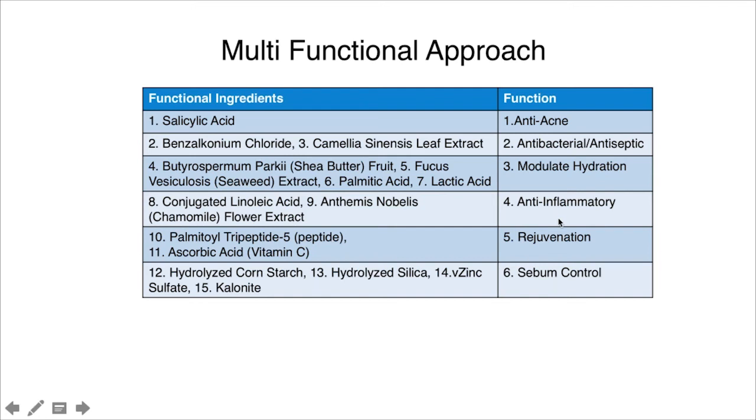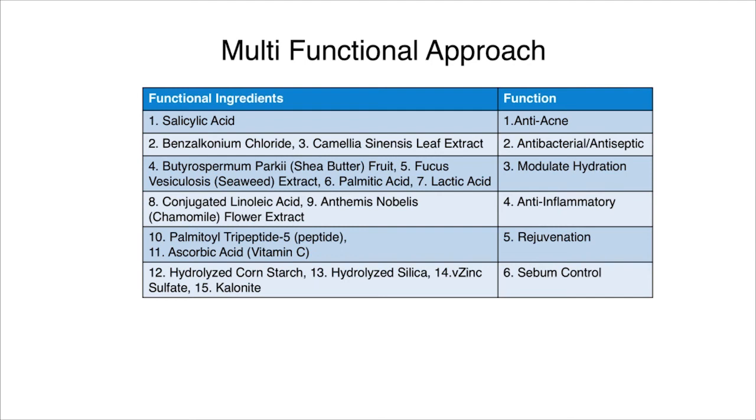For skin rejuvenation, we are using 2 ingredients. One of them is peptide, palmitoyl tripeptide, that enhances the collagen synthesis, and ascorbic acid. For sebum control, we are using polymers such as starch, hydrolyzed silica, and mostly we use zinc, which can modulate the enzyme regulating sebum control.